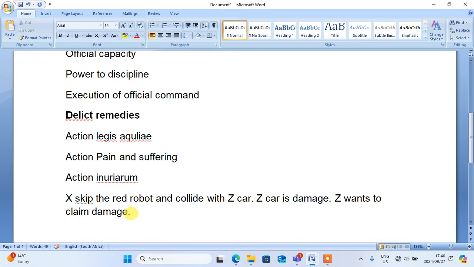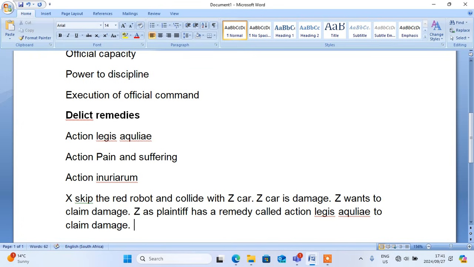It means that because Z wants to claim damages, Z as plaintiff has a remedy called the actio legis Aquiliae to claim damages. The actio legis Aquiliae is used to claim damages for a patrimonial loss.